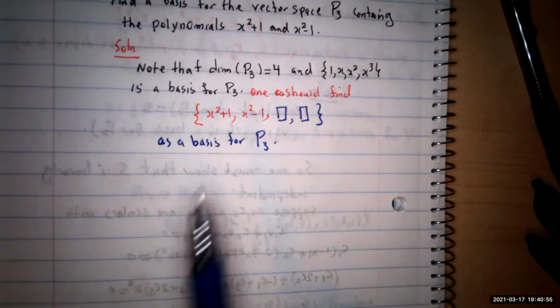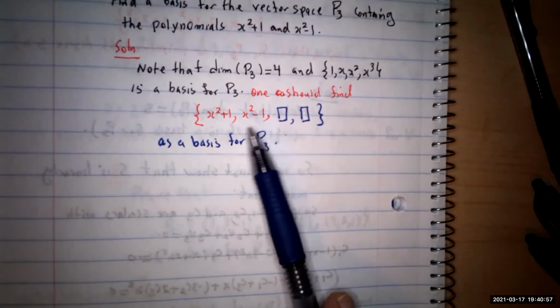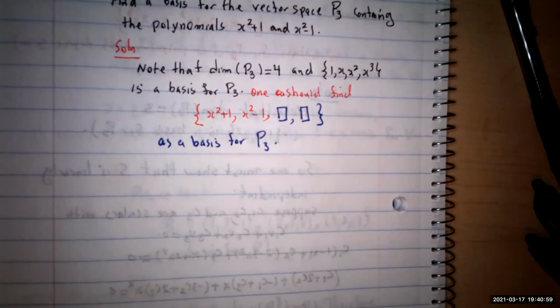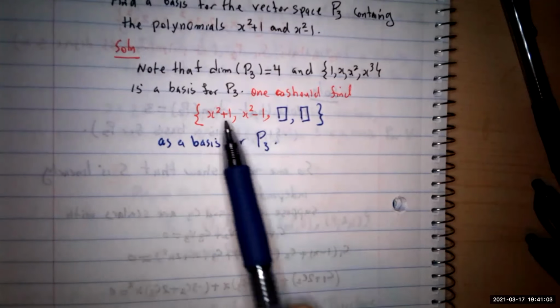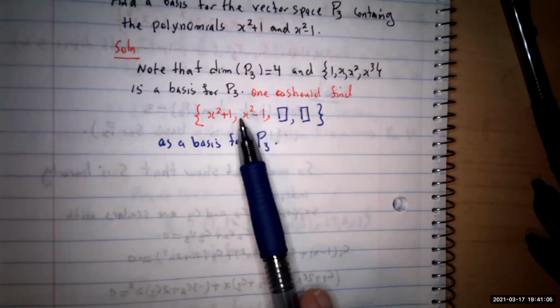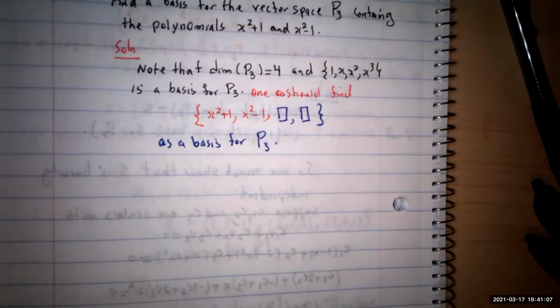You know that x squared plus 1 and x squared minus 1 are linearly independent, since one is not a scalar multiple of the other. So they are independent.